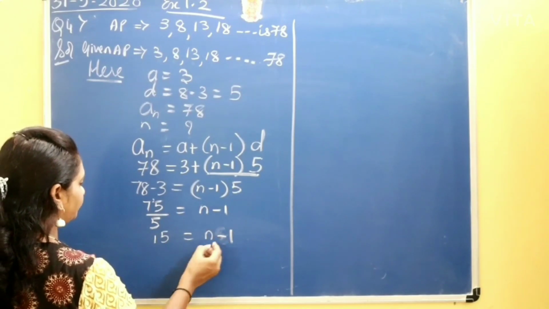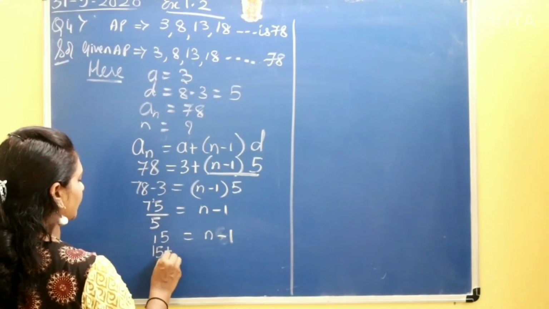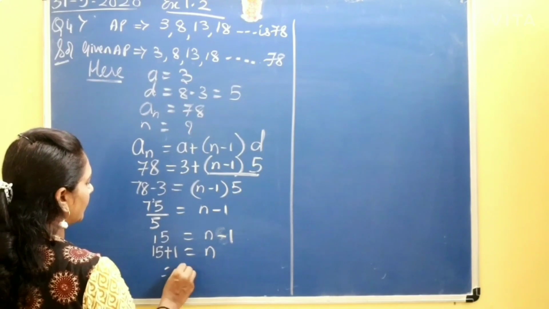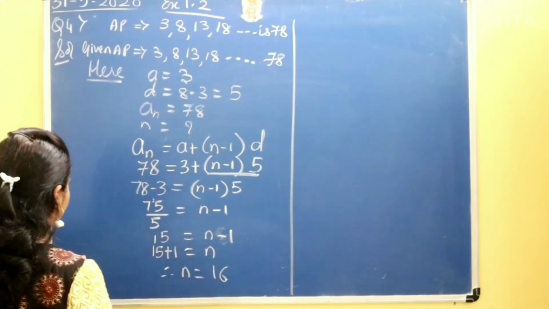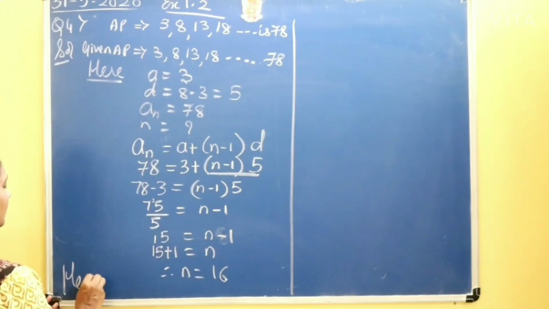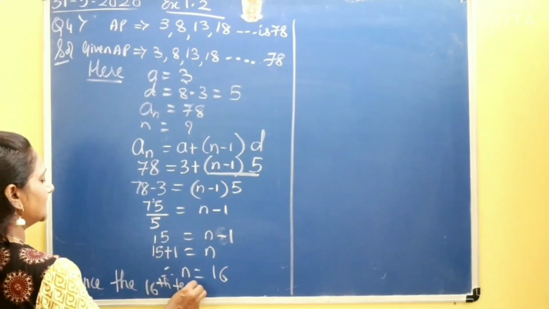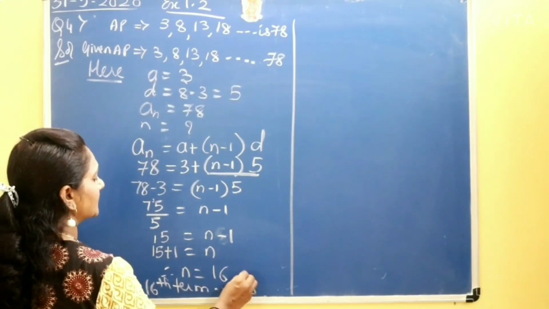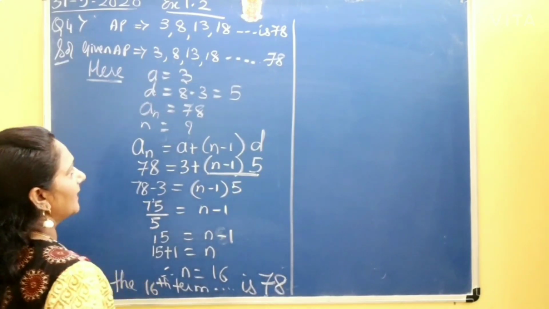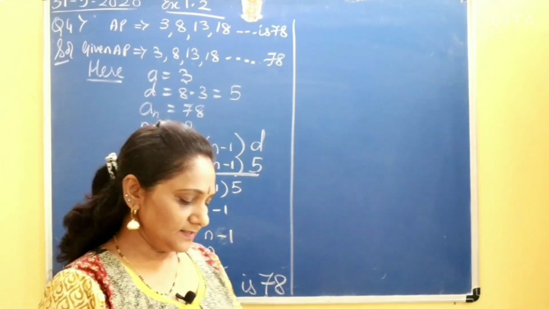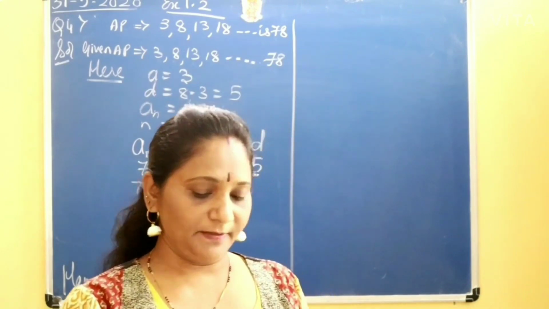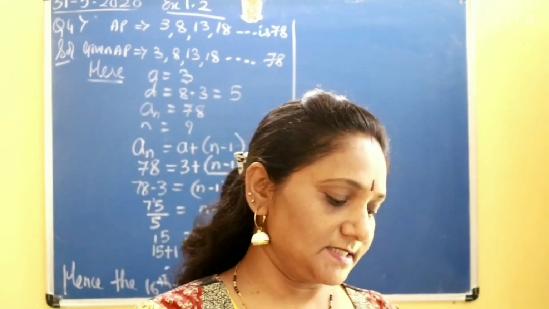If you take the minus 1 this side, therefore N is equal to 16. Hence, the 16th term of the given AP is 78.